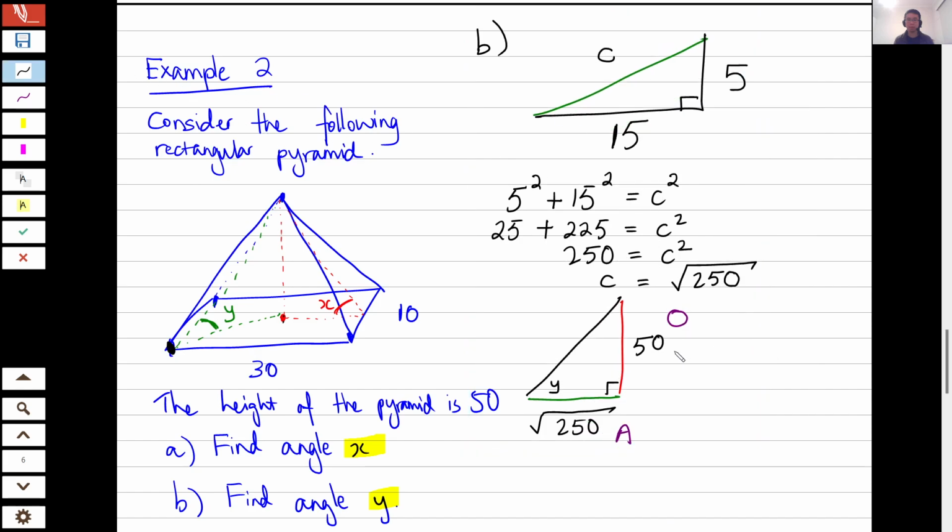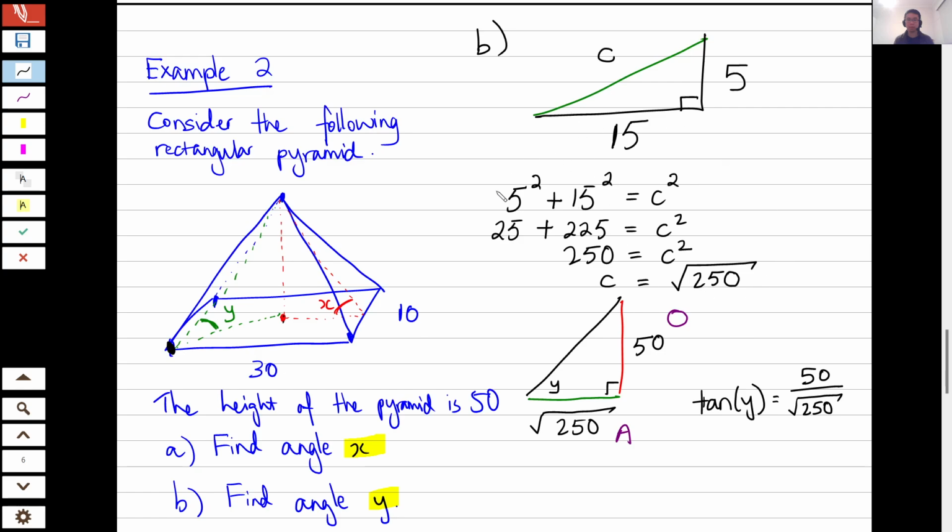And here's what we want to do. We want a trig ratio with both opposite and adjacent, and that's tan. So tan of y equals 50 over root 250. If you want to simplify root 250, you are free to do so.